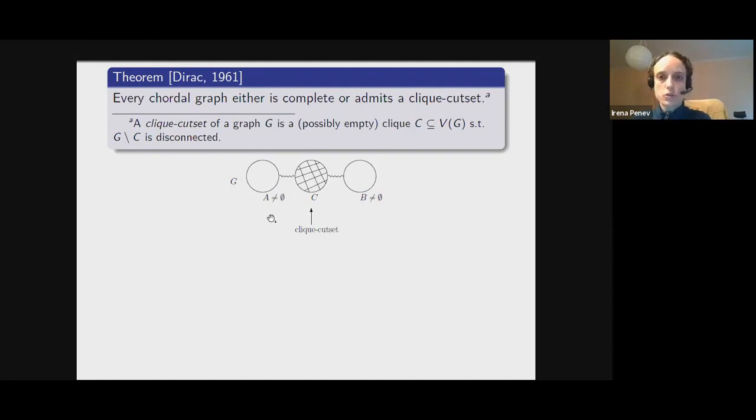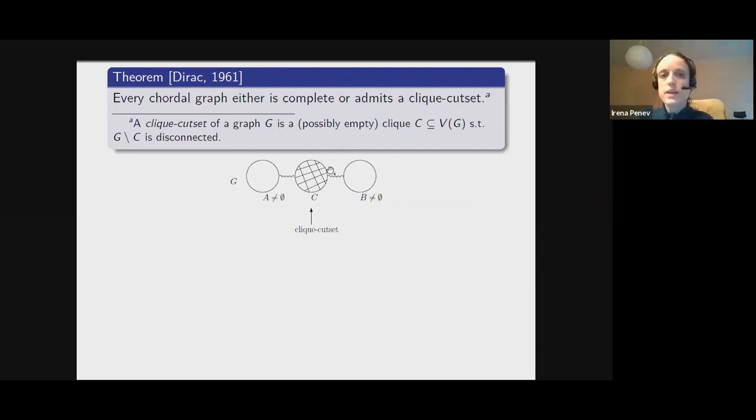Well, a clique cut set is what I drew over here. So you have a clique. In my pictures, these kinds of shaded disks represent cliques. Cliques are just sets of vertices that are pairwise adjacent. So you have this kind of clique. It may possibly be empty. That's okay. And then you can partition the other vertices of the graph into 2 sets, A and B, non-empty, and you don't want any edges between them.